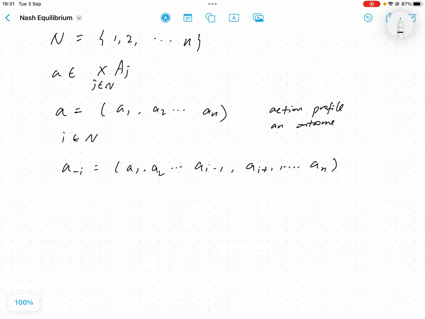That vector denotes the action profile excluding the action from player i. So that denotes the actions for all the other players. Equivalently, this a should be a_i and a minus i. So that's the action profile, or the outcome of the game.